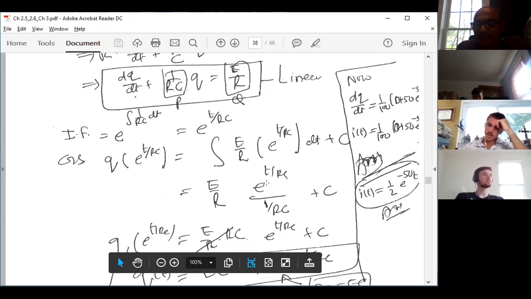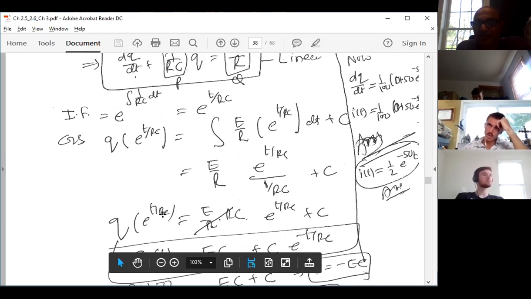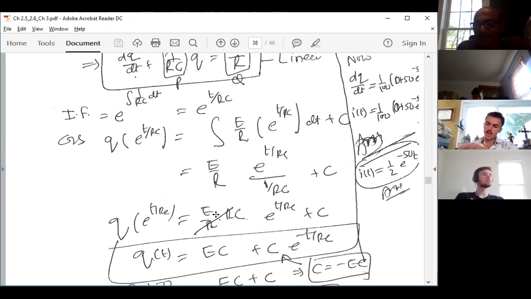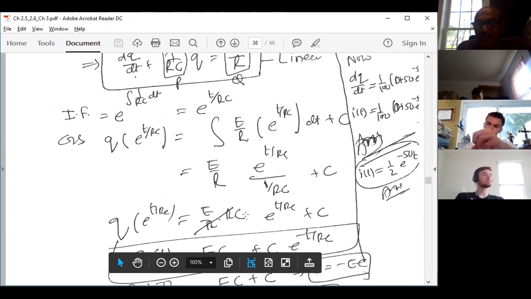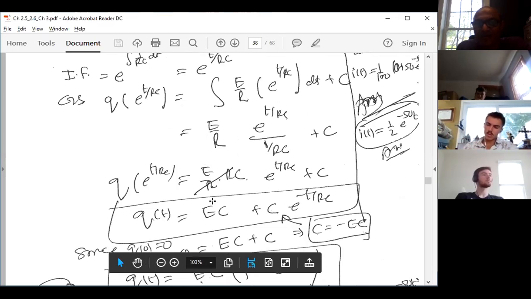This 1 over RC can be written in the numerator as R times C, the Rs get cancelled out. So EC e to the power t over RC plus C. Q of t equals EC plus C e to the power negative t over RC.